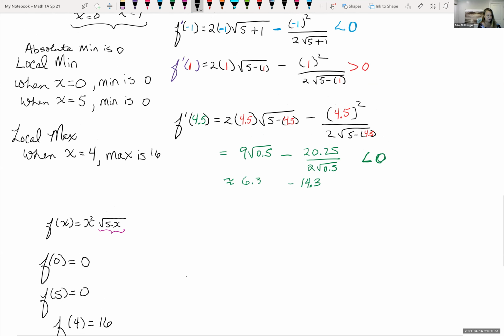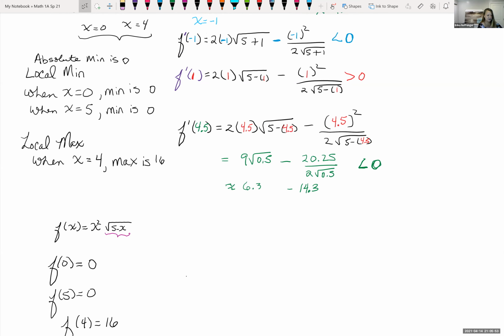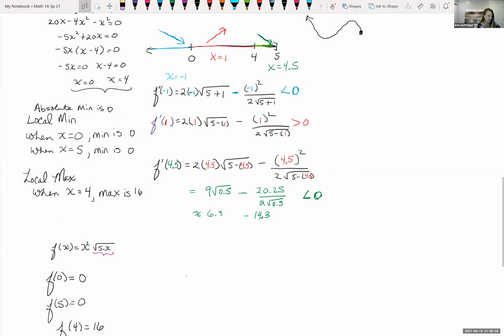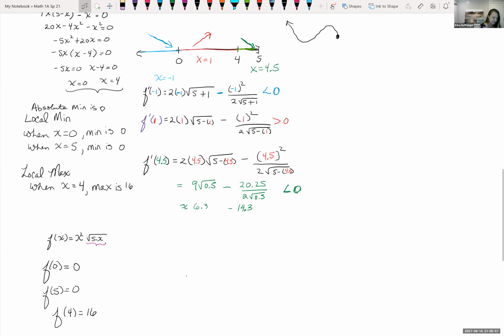They also want to know where it's increasing and decreasing. We have that basically on our number line. So we're decreasing from negative infinity until we hit 0, parentheses, union 4, comma 5. Because it's an endpoint and it's included, I would put in the 5 with a bracket.